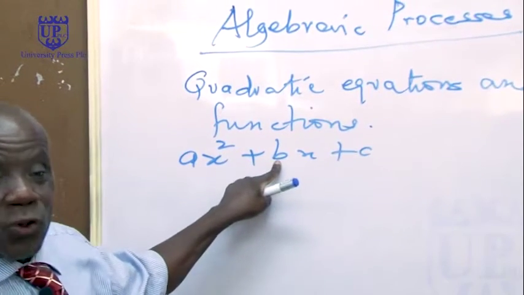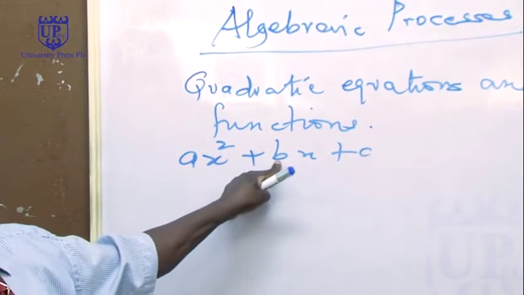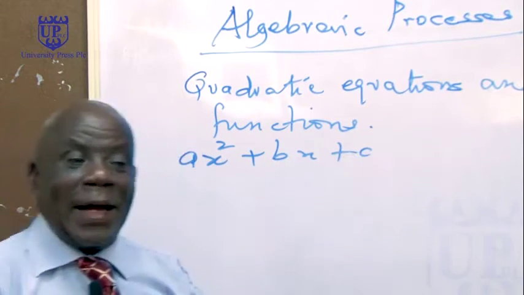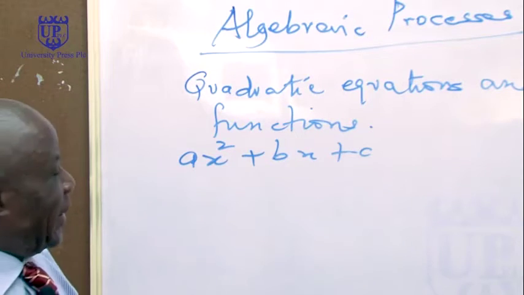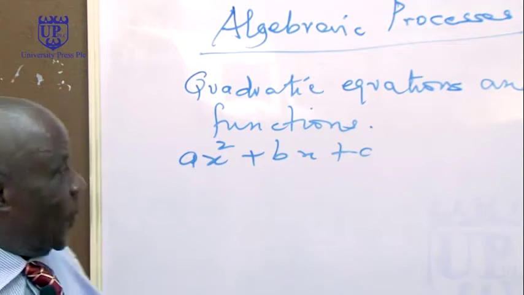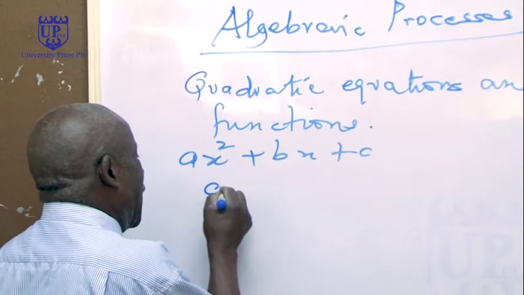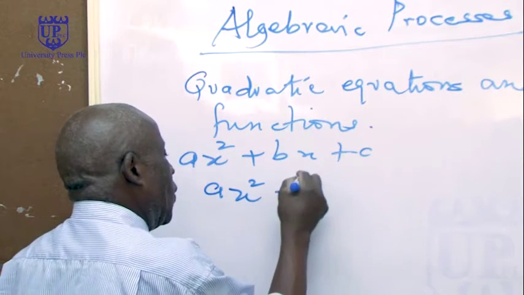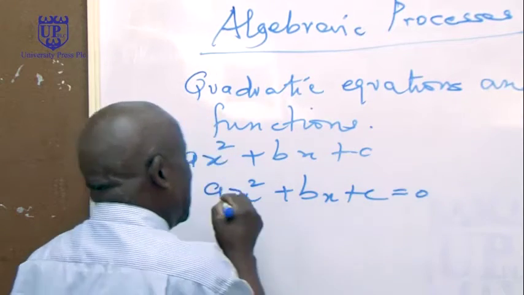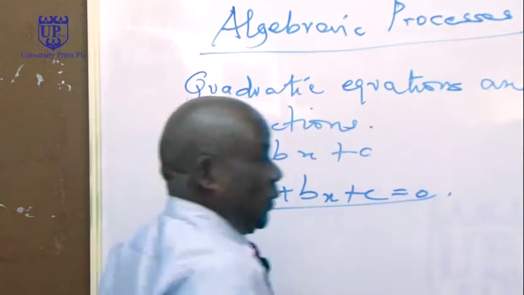This b is also a constant term, the coefficient of x, while c is an arbitrary constant. This is a quadratic expression, not a quadratic equation. But if I write ax squared plus bx plus c equals 0, this is a quadratic equation.